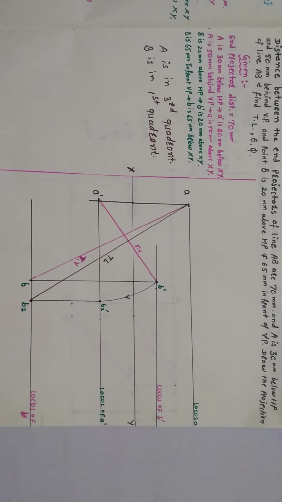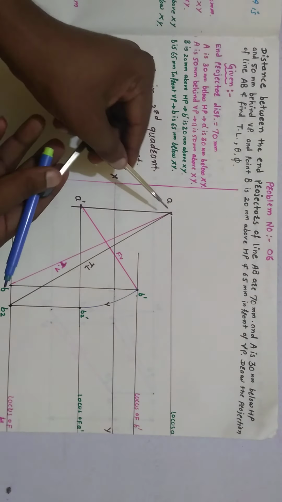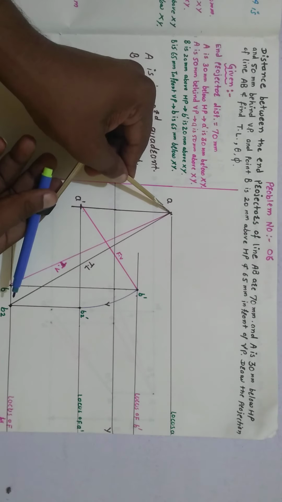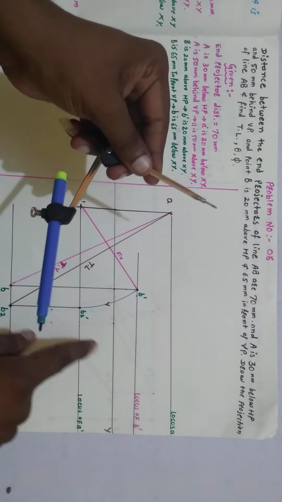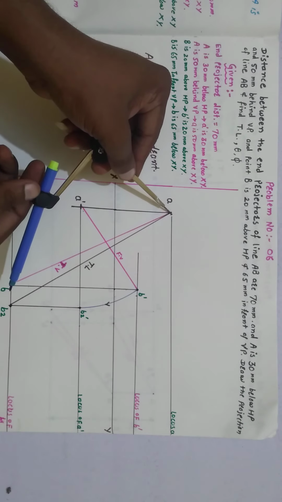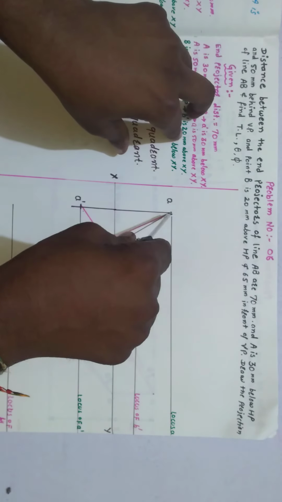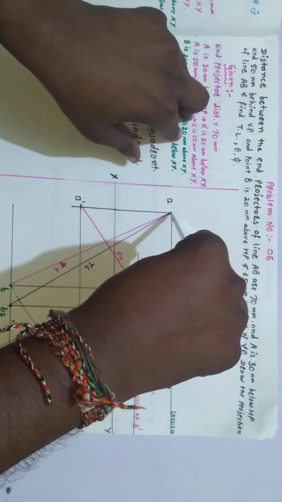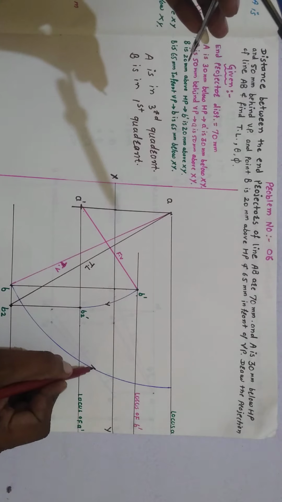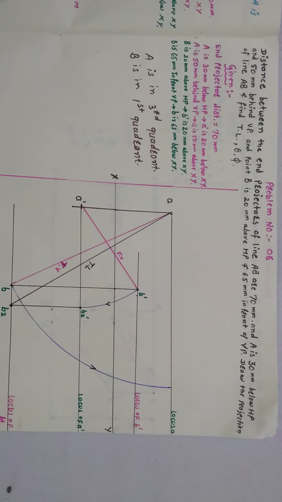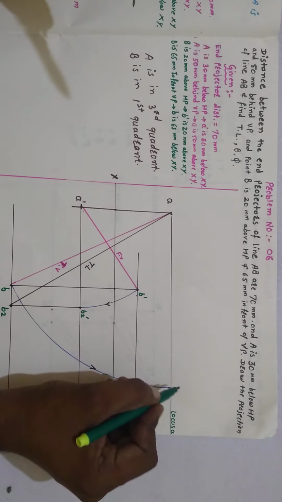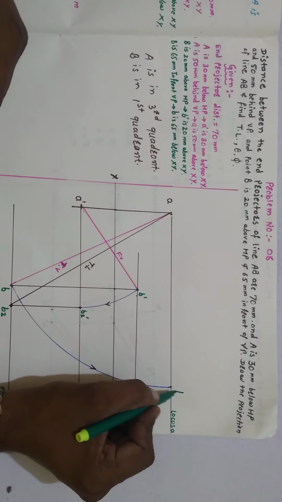Again, taking the distance between A and B as radius, with center A draw one arc which cuts the locus of A. On this locus of A you will get point B1.